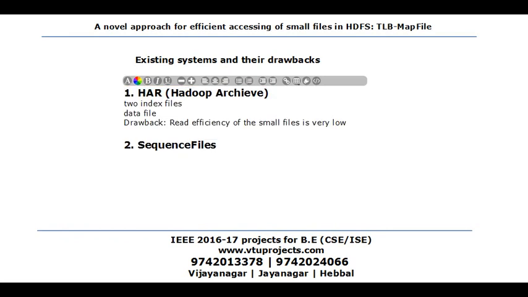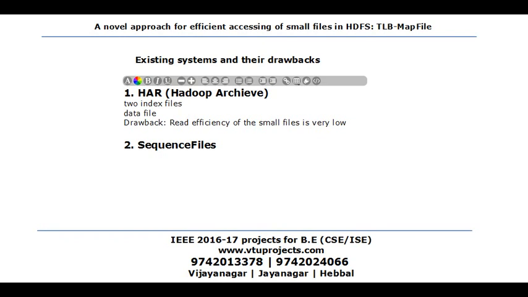Now coming to the second existing system, the sequence files. Once again, you don't have to understand the working in detail, but the drawback of sequence files is that HDFS can only retrieve the file content sequentially, and the reading efficiency is still low. That means if there is a huge number of small files, say 1000 small files, this technique will read the small files sequentially, one after the other.